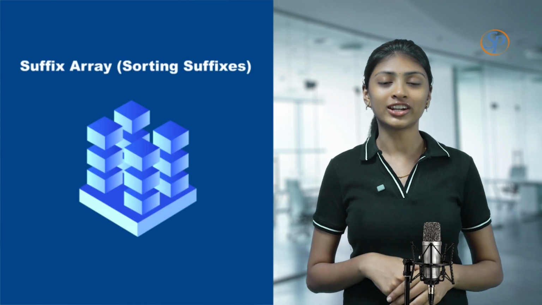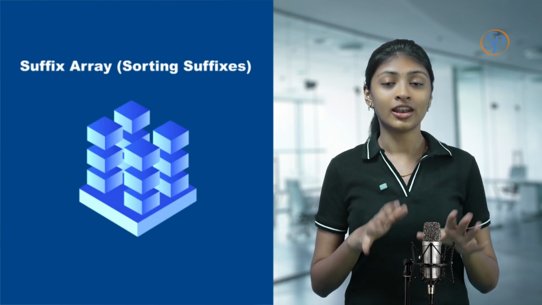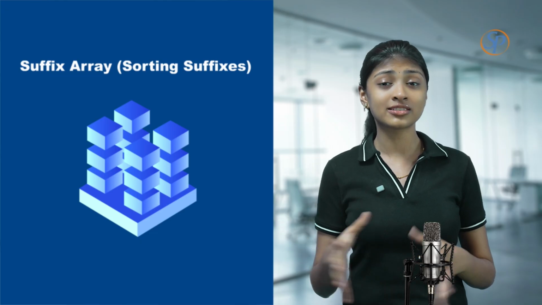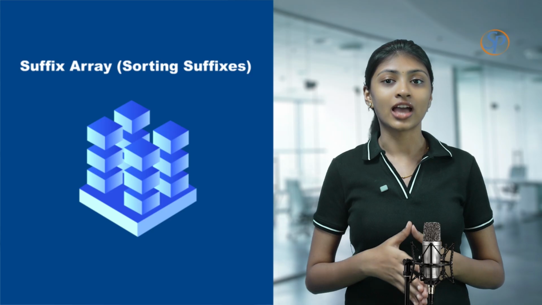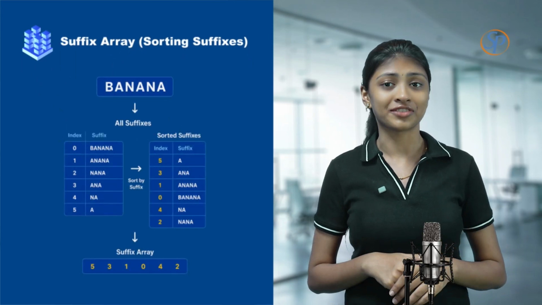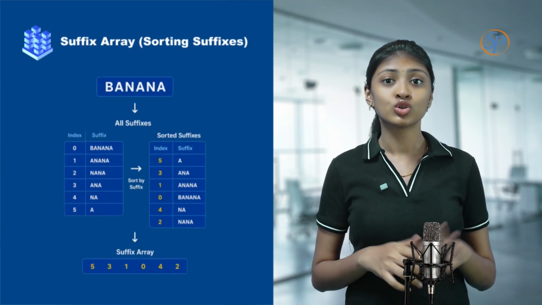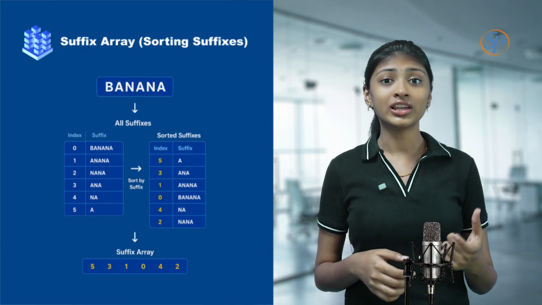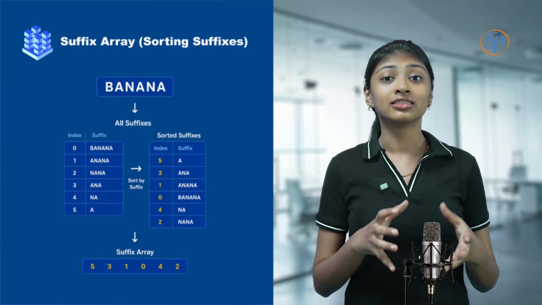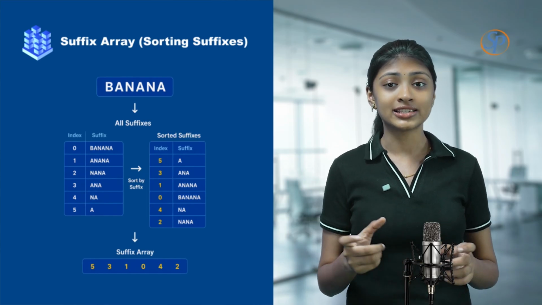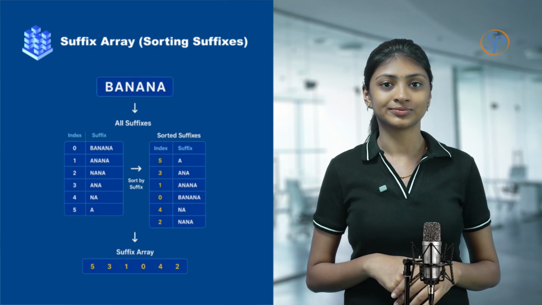Suffix array, sorting suffixes. Now, instead of sorting suffixes directly, we store their starting indices and sort them based on the suffix they represent. So, for banana, we list all suffixes and sort them alphabetically and then store their starting indices in that sorted order.